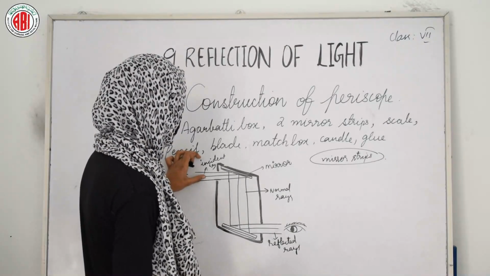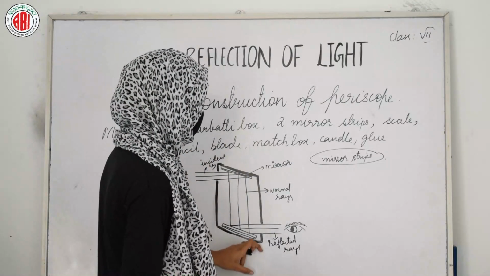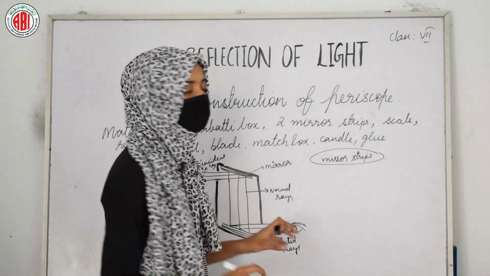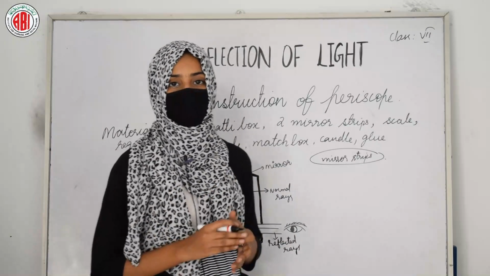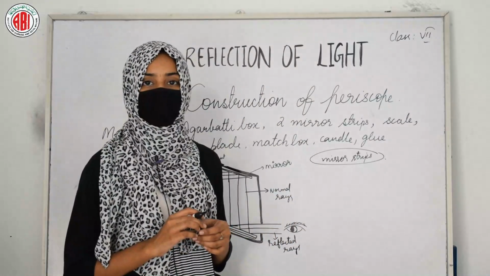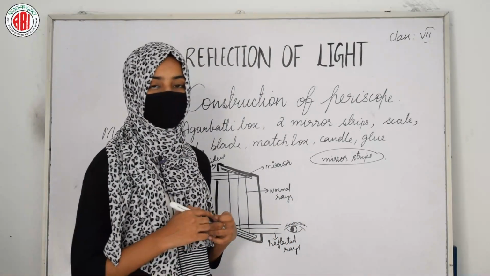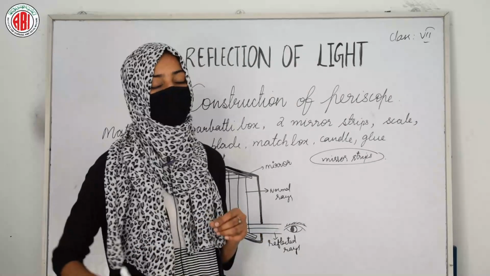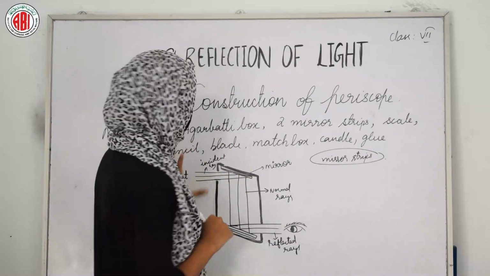If the incident ray, normal ray and reflected ray lie in the same plane, then only can we see the objects clearly through the periscope.